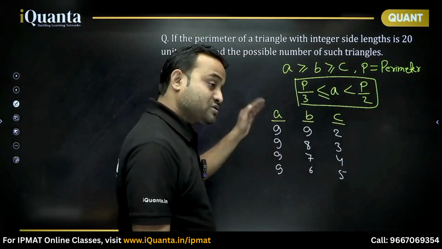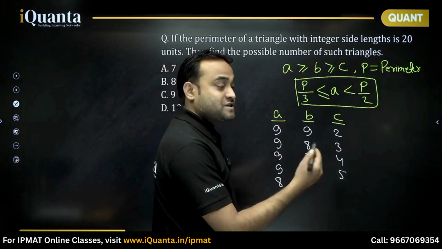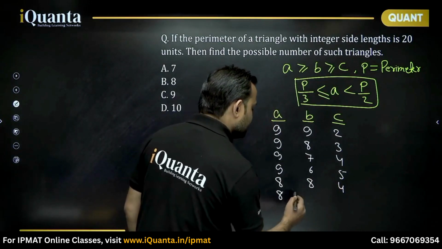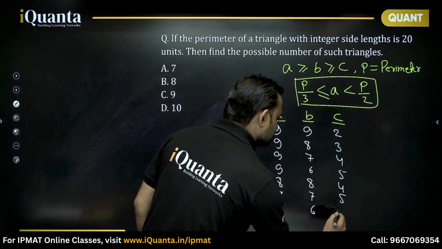Then after 9, what is possible? 8. Taking 8, the sum of the rest of the two sides must be 12. So 8 and 4. Then comes 8, 7 and 5. Then comes 8, 6 and 6.